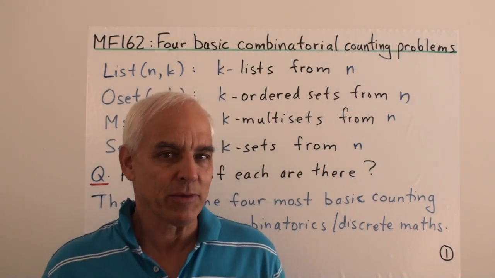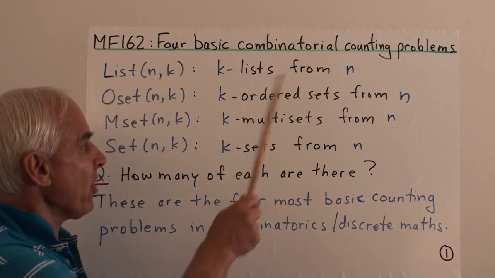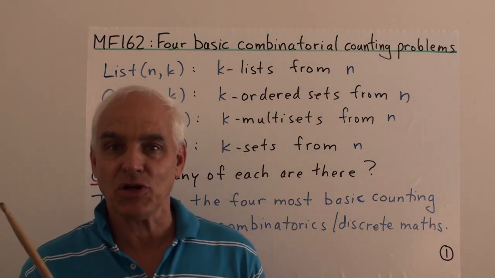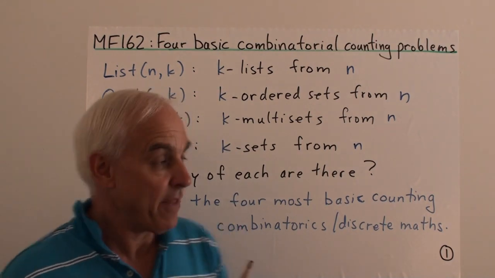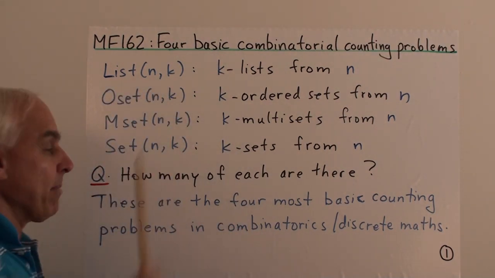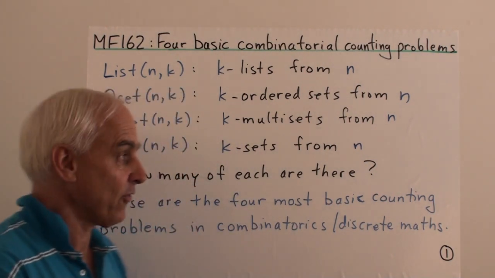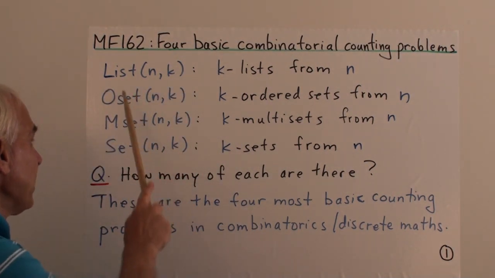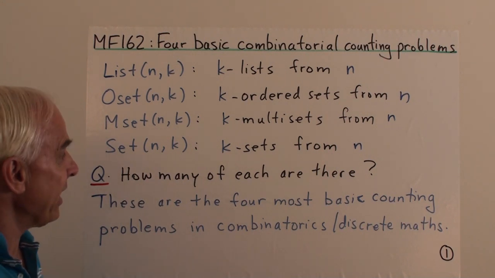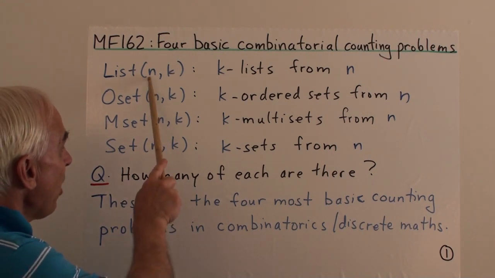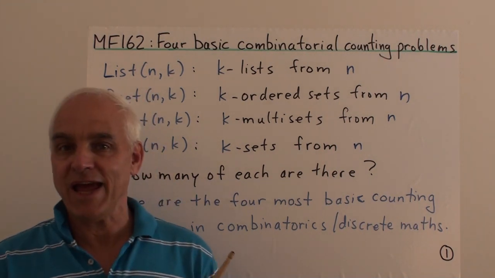In today's video we're going to be looking at some fundamental counting problems that are very essential in modern combinatorics. They're really associated with these four types of data structures that we've been talking about in the last few videos: lists, ordered sets, multisets, and sets. Each one of these can be thought of in terms of two numbers, n and k.